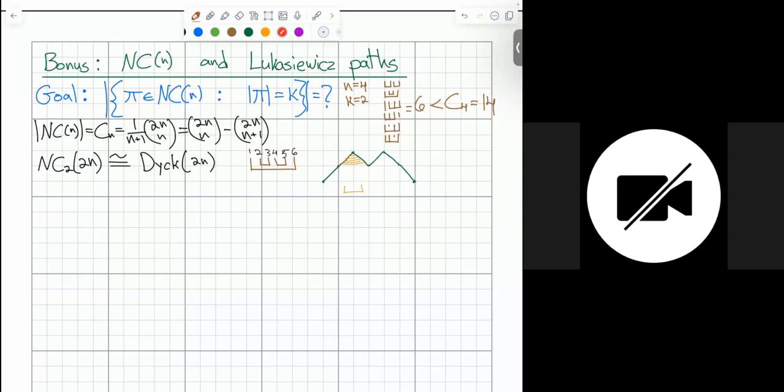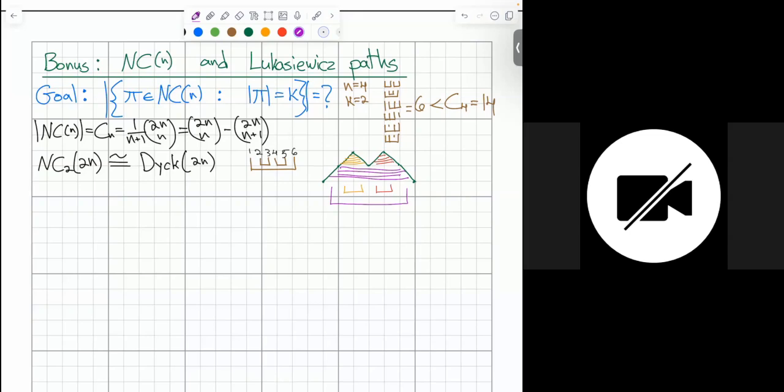And I can do this for every such step. And what I get overall, after I do the projection to the left for every southeast step, is the original pairing I began with.